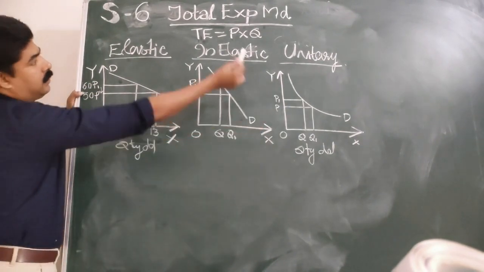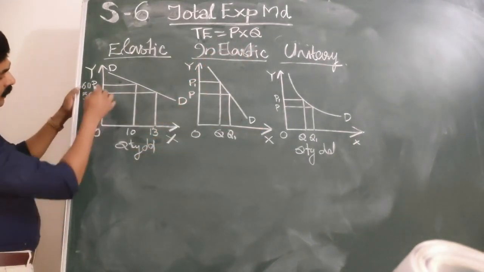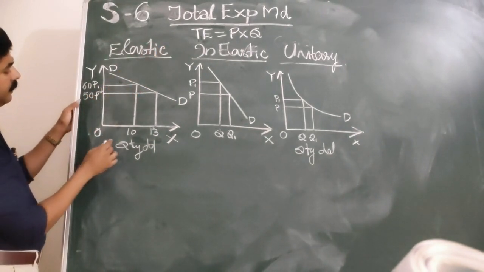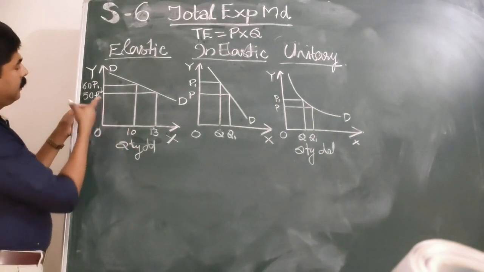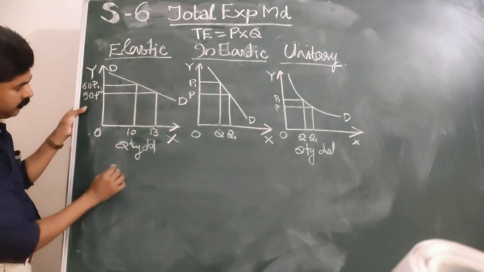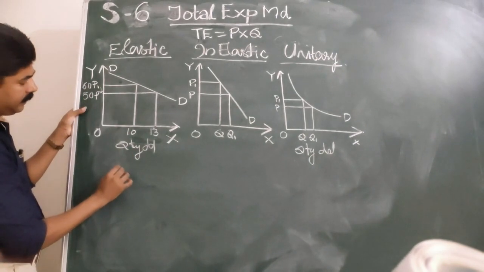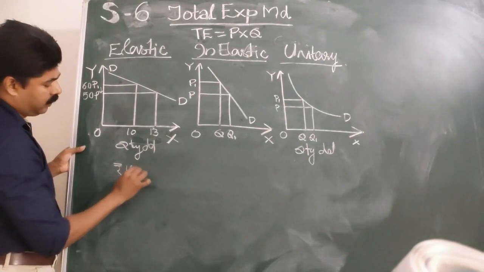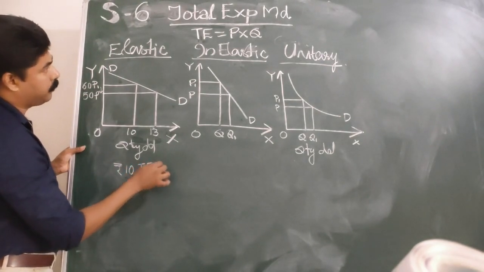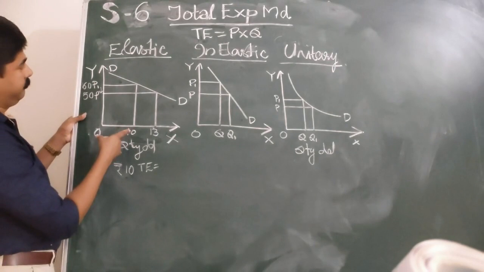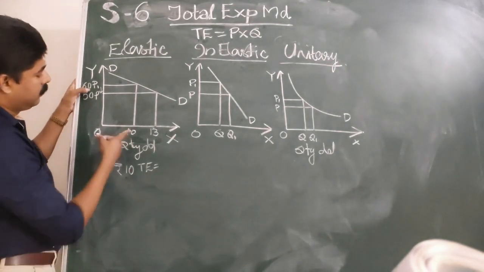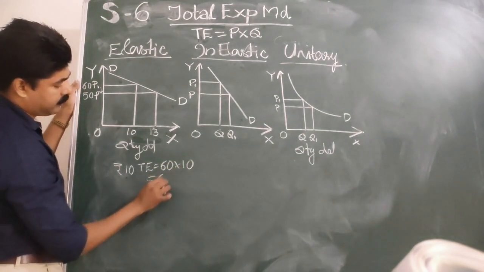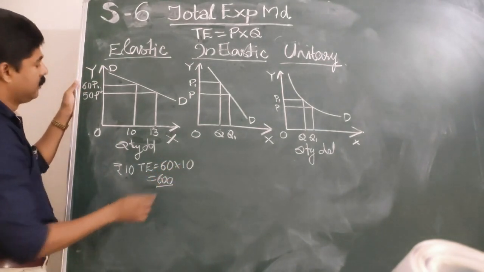Total expenditure is equal to P into Q. So we can find the total expenditure at price 60 with 10 units demanded: P into Q, 60 into 10 is equal to 600. This is the total expenditure. What did I say?